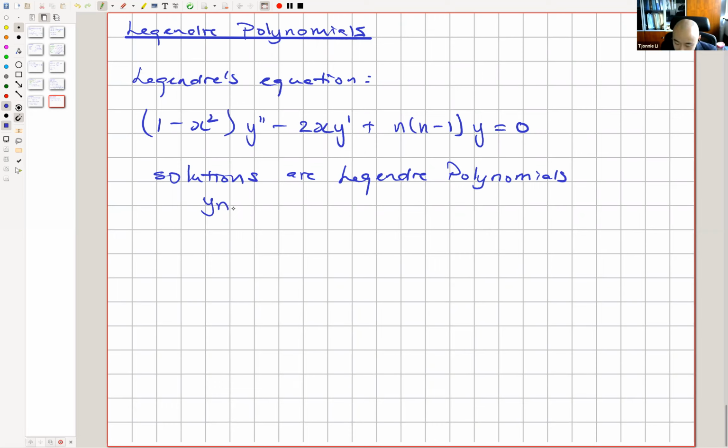But what is important to take away is indeed this form here.